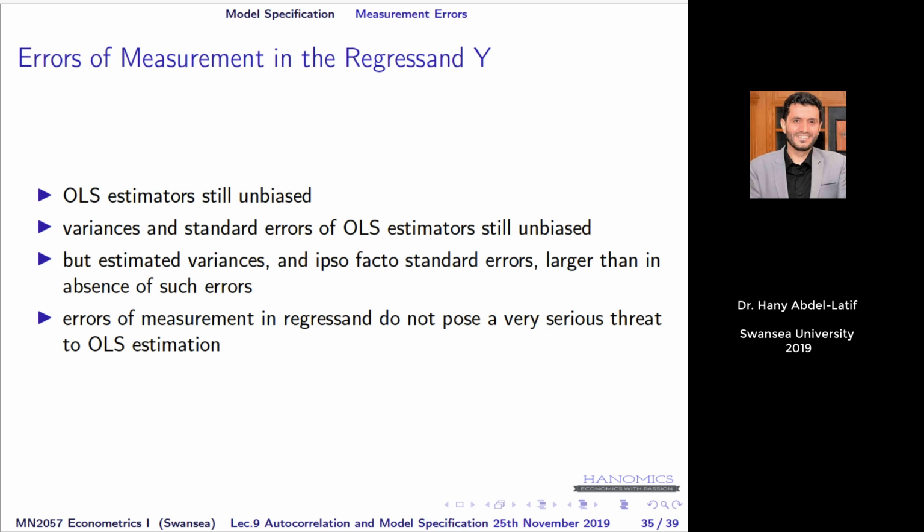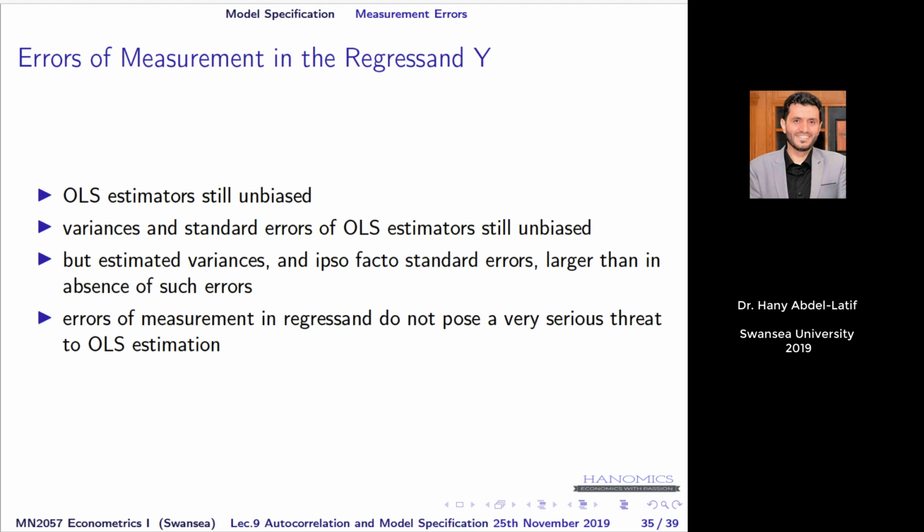Good news for us. Your variance and standard errors are fine, but the main issue here is that they will be larger than in the case where your dependent variable is measured correctly. So in that case, it's not very serious, but it's still a problem.